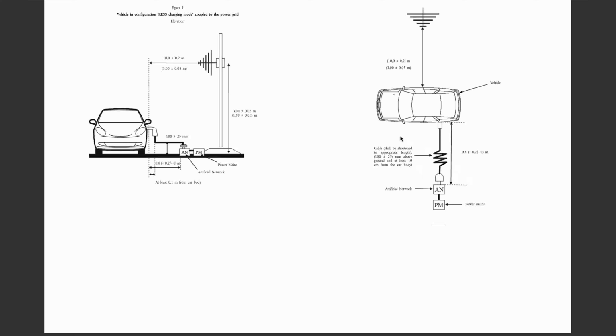So this is what would happen if you were to test an entire vehicle, but this is not what I am going to do in this series, so we're not going to worry about this. That's just for your information only.